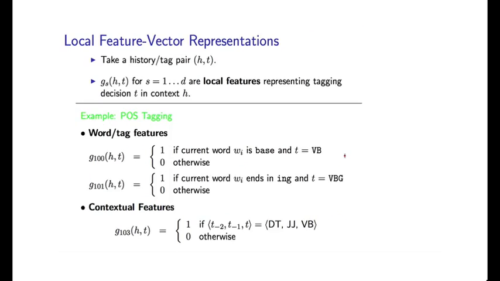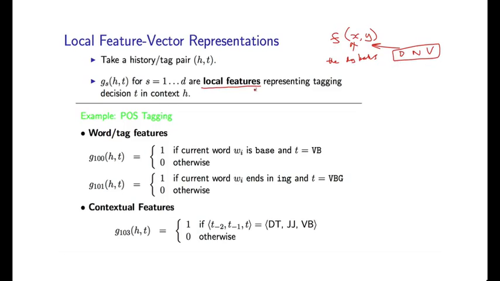Now, this is completely reusing the technology we saw from log linear taggers. We will define what I'll call local features. Remember, a global feature vector looks at an entire x y pair, where x is, for example, a sentence, say the dog barks, and y is some tag sequence. These feature vectors are global in that they look at an entire tag sequence.